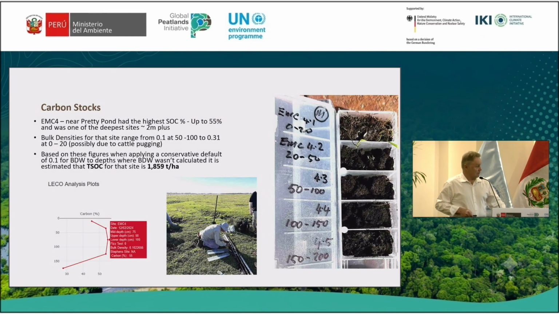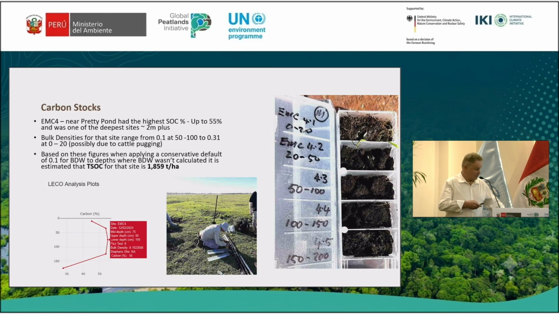Just to give you an idea in terms of carbon stocks, this is a peatland area in the southeast of South Australia, adjacent to a karst mound spring. It has over 2 metres of peat, over 55% organic carbon at depth, and you're looking at well over 1,500 tonnes per hectare of carbon. What you'll see here, as a result of the clearing, is that the carbon percentage is lower in the top 35 centimetres, but once you get below that, you get into the more pristine, undisturbed sites.